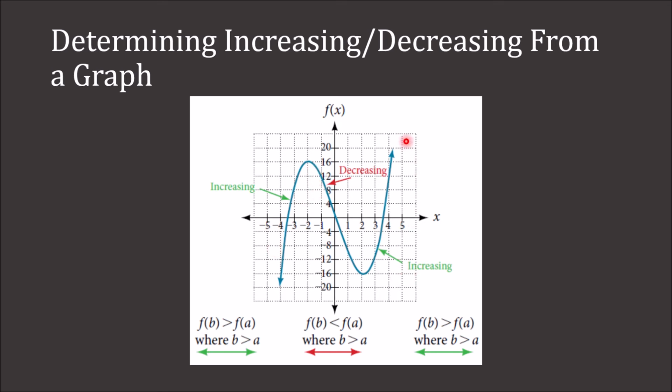And same argument over here, it's also increasing over here. So in the middle here we have decreasing. So if we take any value b that is larger than a value a, so let's take b to be 1, a to be 0. So f of 1 is less than f of 0.